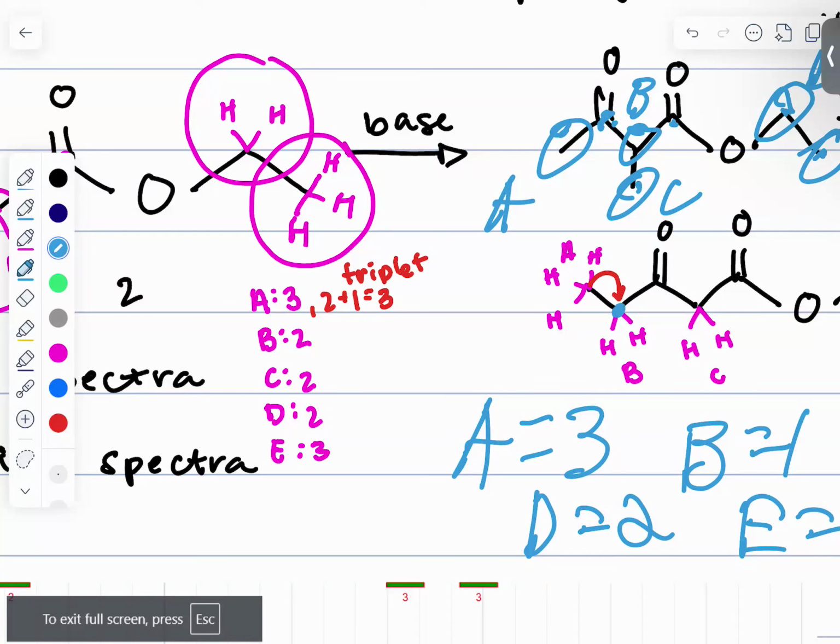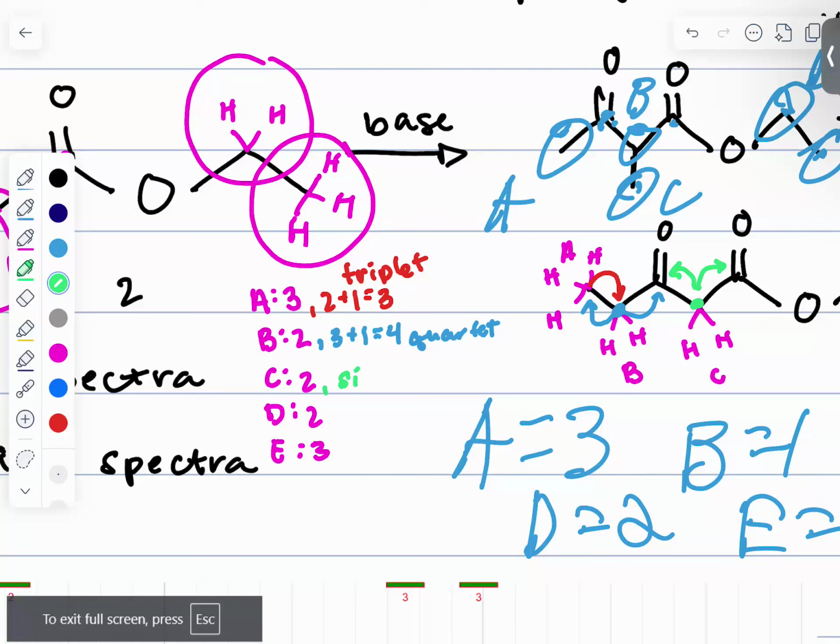Then we do B. B sees 2 carbons. This one has 0 protons attached to it. But if we look to our left, we have 3. So we would expect that to be a quartet. Next, we have C, and both of its neighbors have 0 protons.